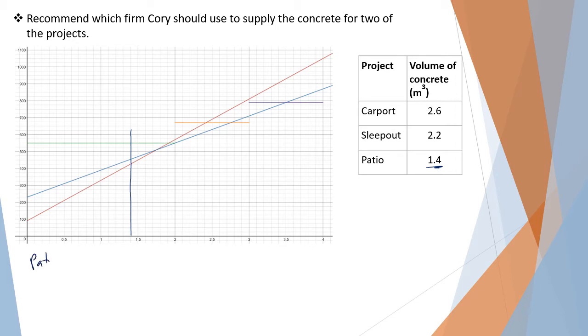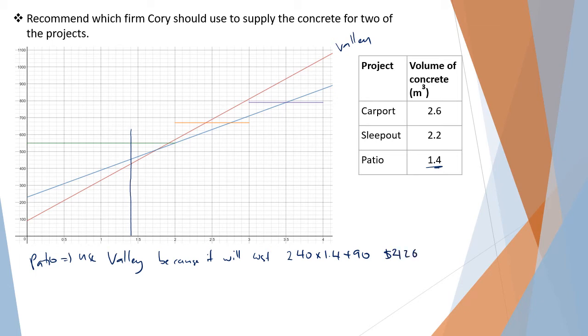For the patio, use the red one, which was Valley, because it will cost 240 times 1.4 plus 90, which is 426. We know that because it's the lowest on our graph.